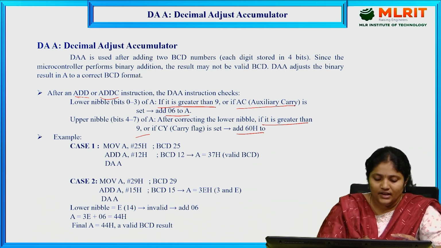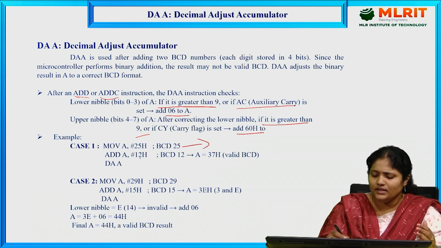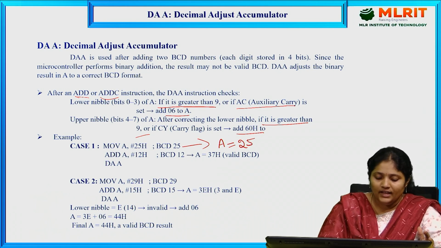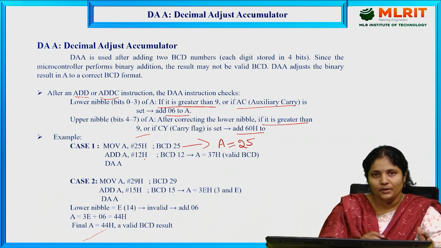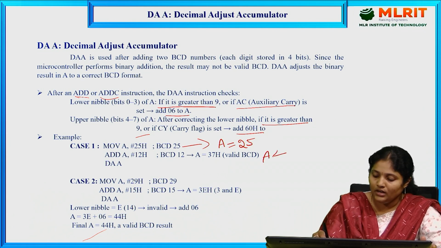The first case: after performing the instruction MOV A comma #21H, as we already know, the accumulator will be loaded with the data 25, a BCD data. Next, ADD A comma #12H, so 12H will be added to the accumulator. What will A become now?